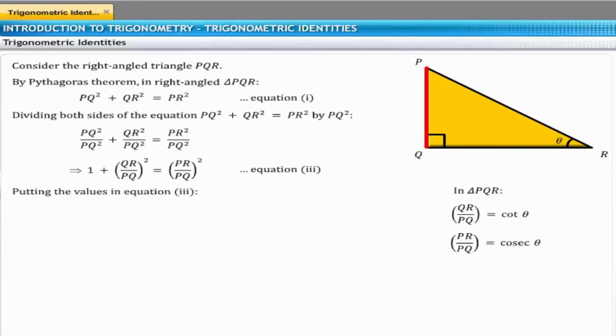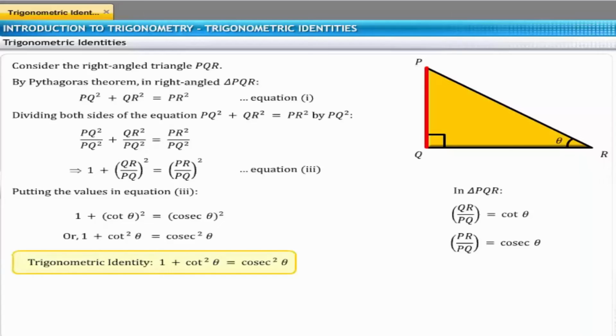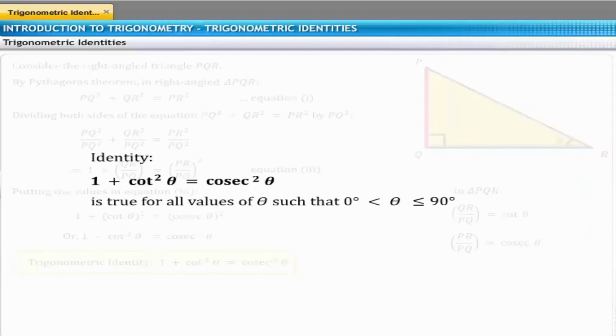Putting the values of these ratios in equation 3, we get the equation 1 plus cot square theta is equal to cosec square theta. This equation is a trigonometric identity. From the trigonometric ratios of specific angles, we know that cot 0 and cosec 0 are not defined. Thus, this identity is true for all values of angle theta greater than 0 degrees and less than or equal to 90 degrees.